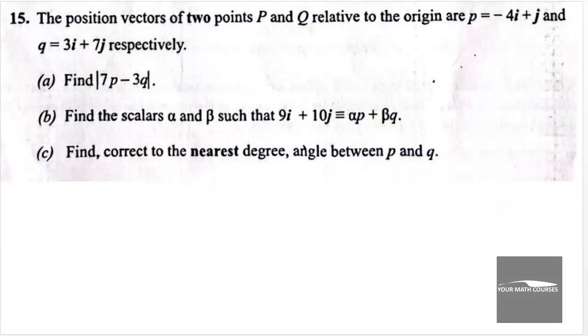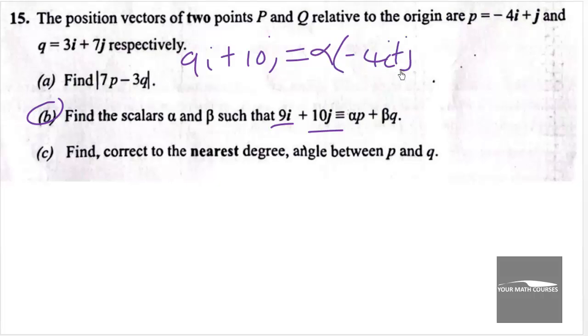We are looking for scalars such that 9i plus 10j equals alpha p plus beta q. So 9i plus 10j is equal to alpha p. You substitute the position vectors, plus beta q, 3i plus 7j.